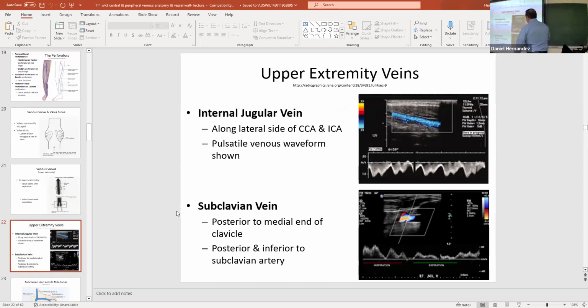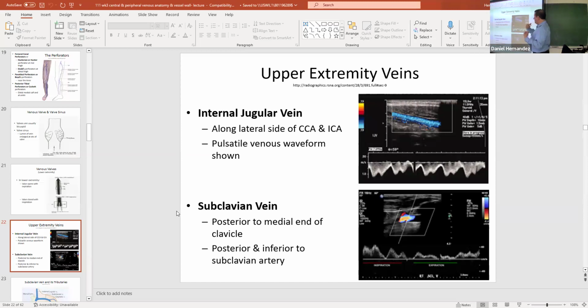Alright, so veins of the upper extremities. In terms of imaging for ultrasound, when we image upper extremity veins and do our protocol, we are going to start with the internal jugular vein on the neck. The internal jugular vein is a deep vein, so its corresponding artery is the carotid artery.